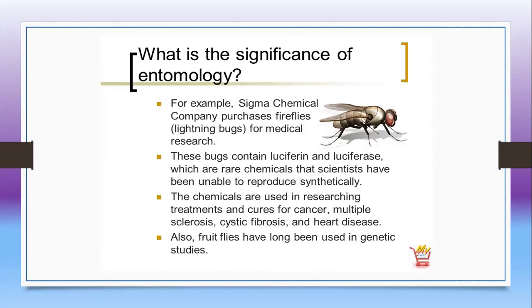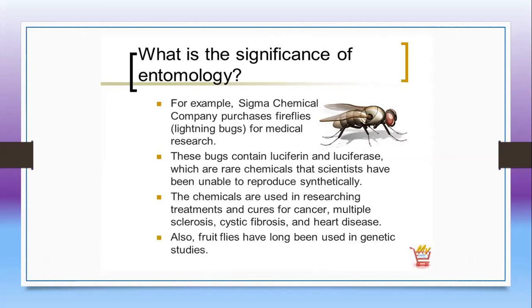These bugs contain enzymes or chemicals called luciferin and luciferase. These are very rare chemicals that scientists have been unable to reproduce synthetically. The chemicals are used in researching treatments.